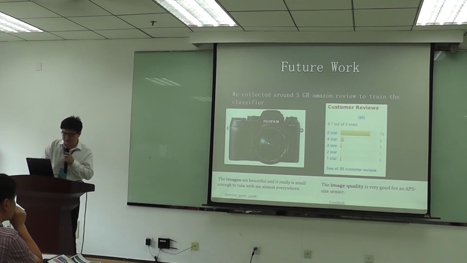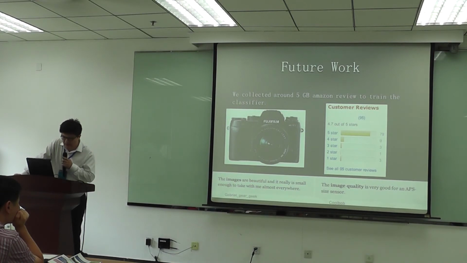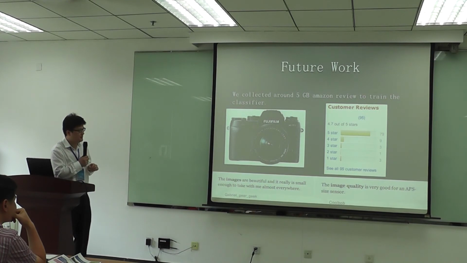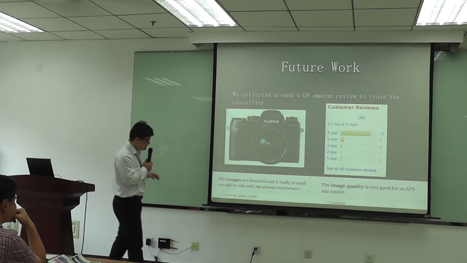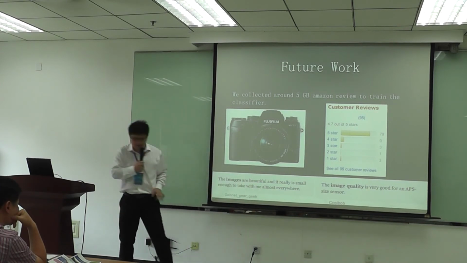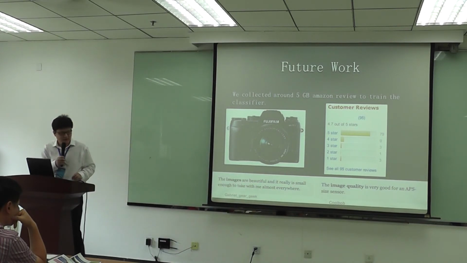And then to explain why we only used 2,000 tweets, here's why. We actually collected around 5 GB of Amazon reviews to train our classifier. However, what we discovered is, say, here are good examples. Those images are beautiful, right? These are good and easy to classify.